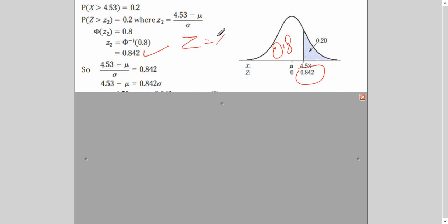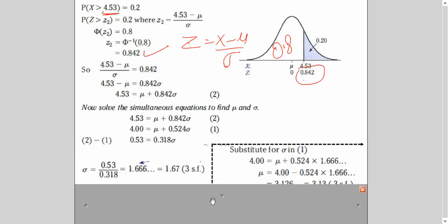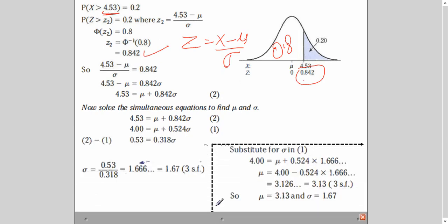And again apply this formula. The x value you know is 4.53. Mu you don't know, sigma you don't know, z you do know. And then cross multiply, get another equation, solve them simultaneously, and you will get your answer, right? So sometimes when both are unknown, then two conditions are given to you and you have to solve them simultaneously.